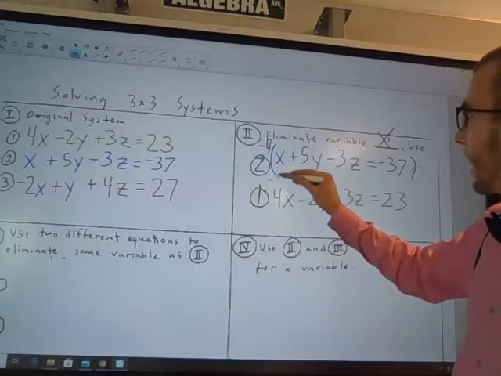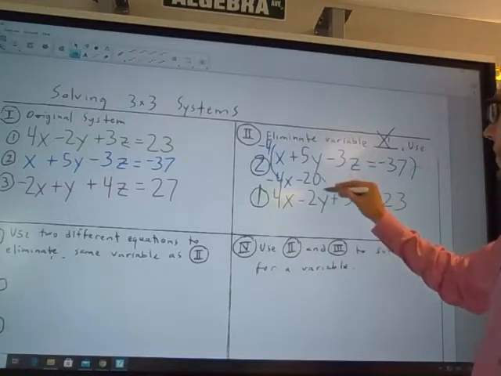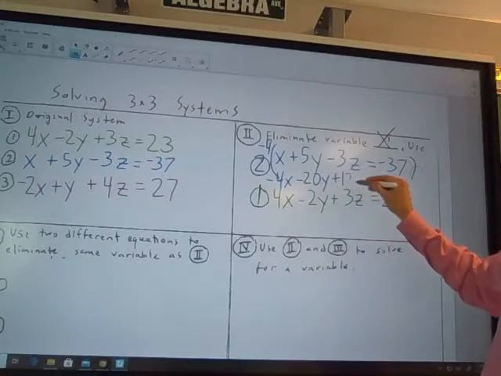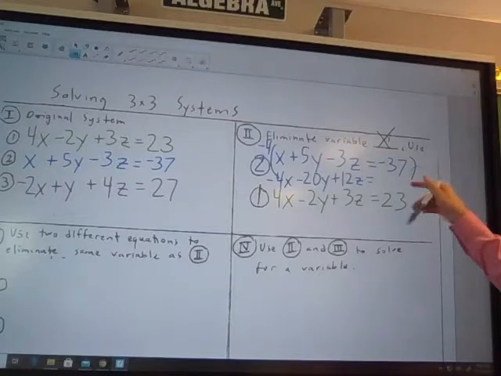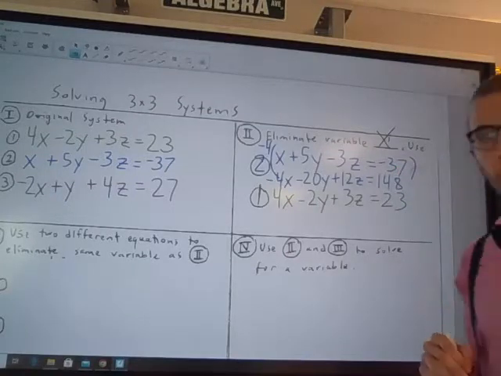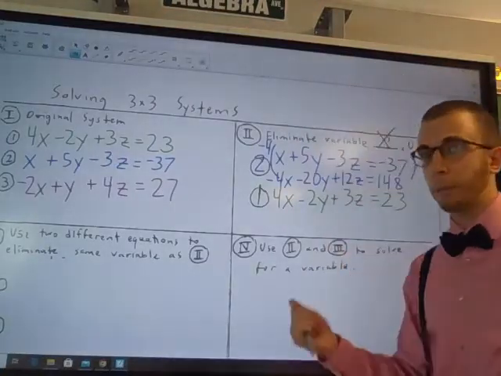So that will give me negative 4x minus 20y plus 12z equals, oh, this is a big number down here. I believe it's 148. But please, guys, make sure you're checking my work. I can make mistakes too.